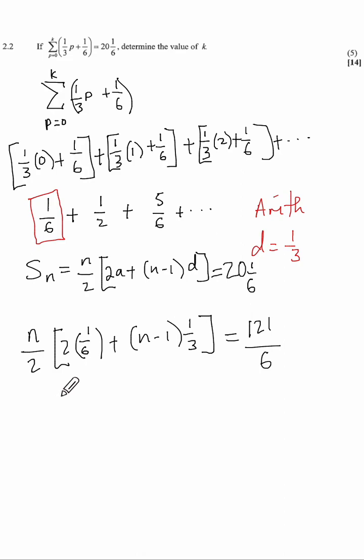Now, I want to simplify things in the brackets. So n over 2 by 2 times 1 over 6, that's 1 over 3. And here, 1 over 3 multiplied by n, that's n over 3.